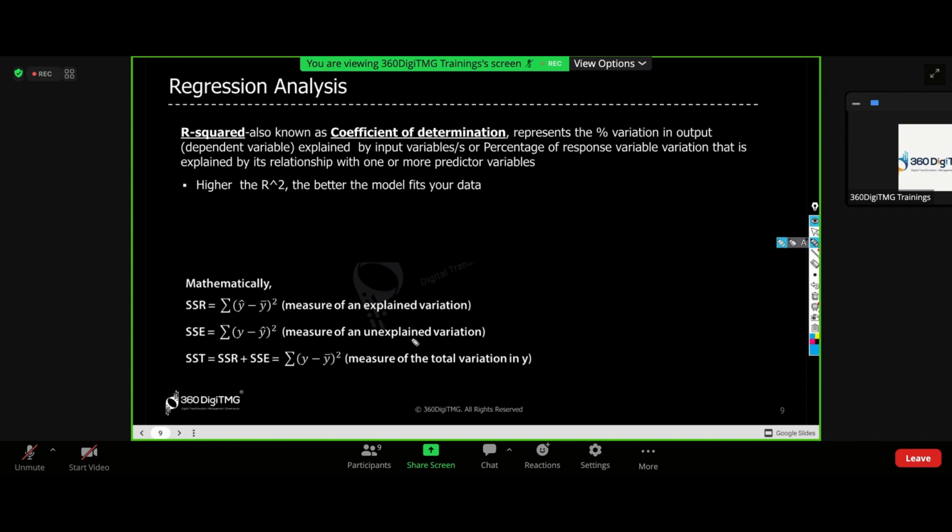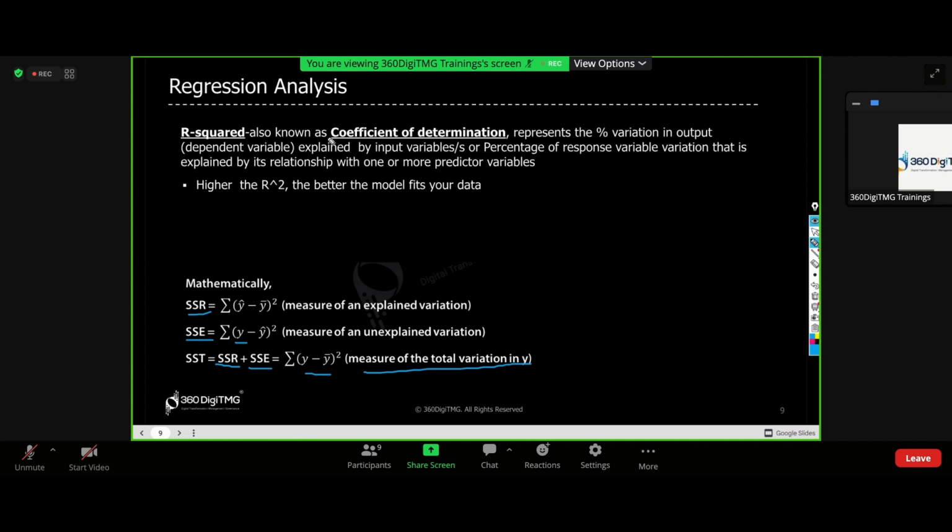So SSR, sum of squares of regression, or here we can say sum of squared error, which is given by y minus y naught square. And if you combine these two, you will get the total variance.